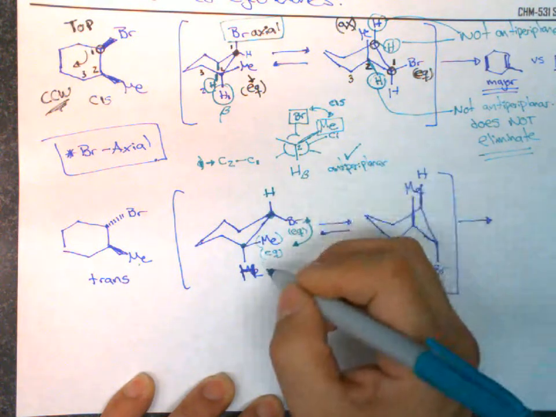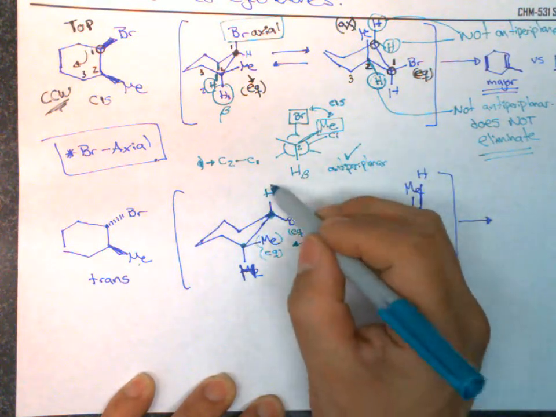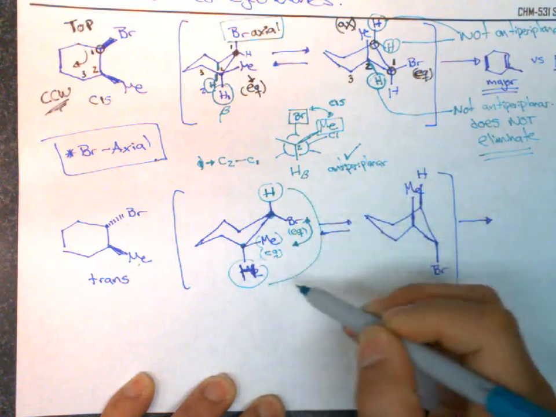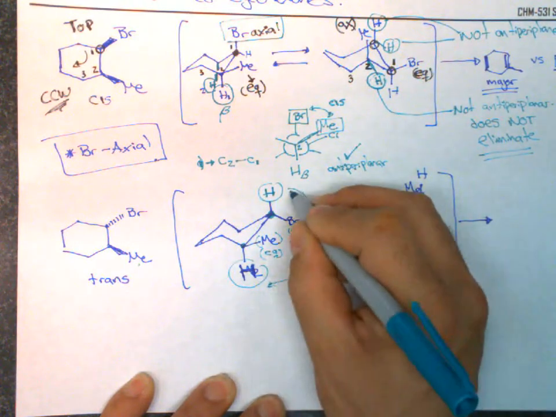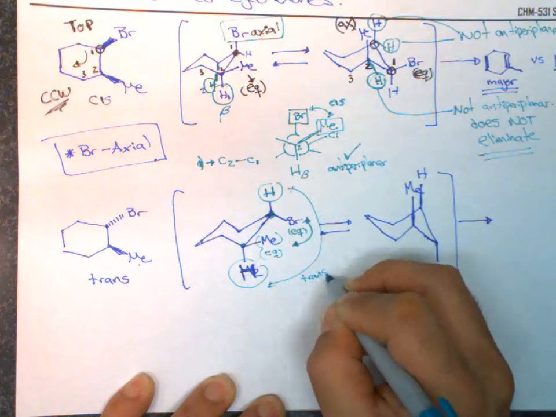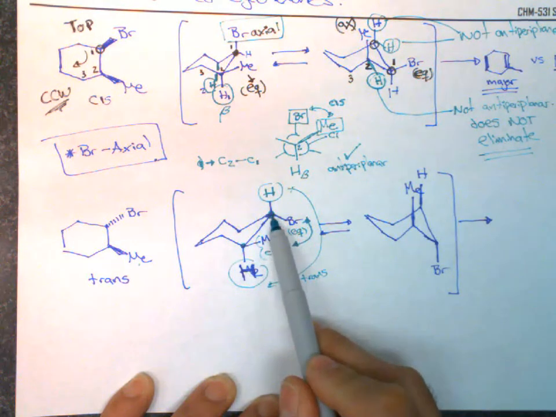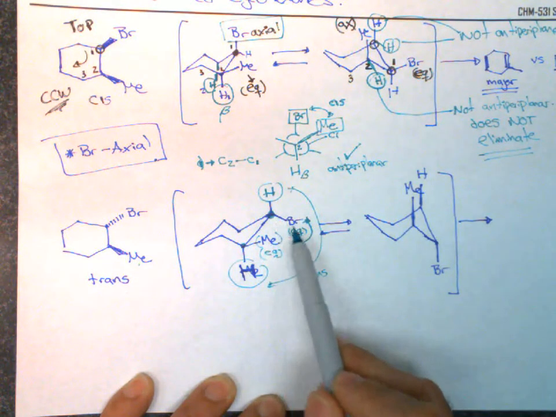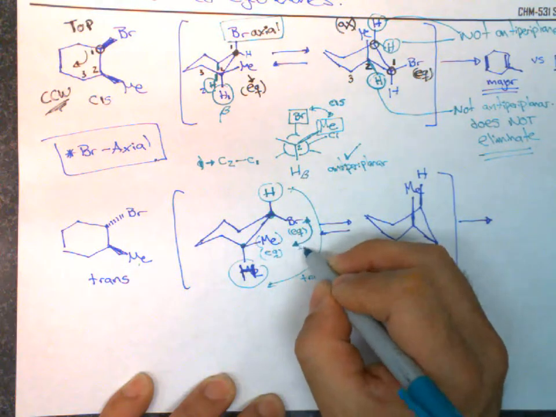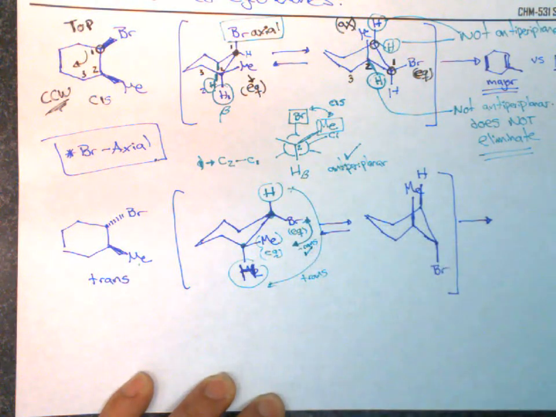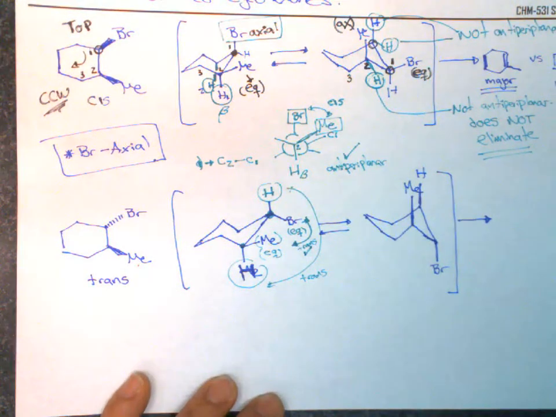The ones that are trans would be these two hydrogens, and they're both axial. And remember, when you have one equatorial going up, the equatorial next door is going down. So they're also trans. So I drew the correct chair. They're both trans. So far, so good.